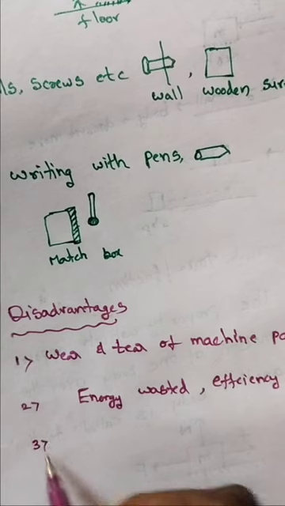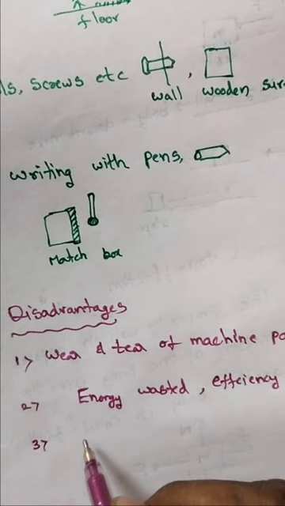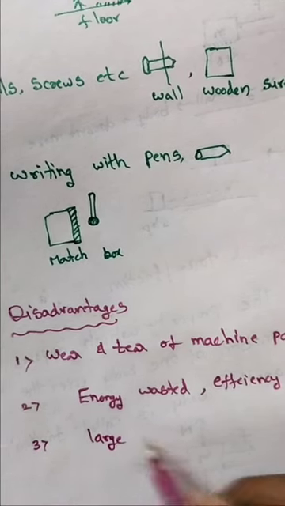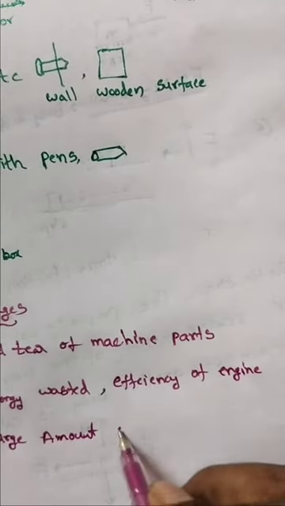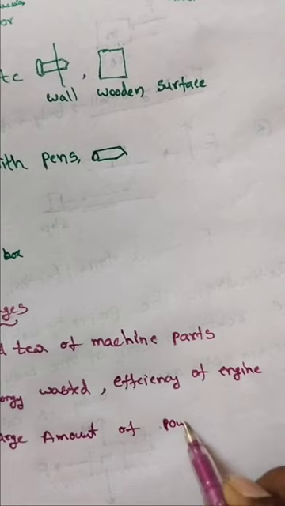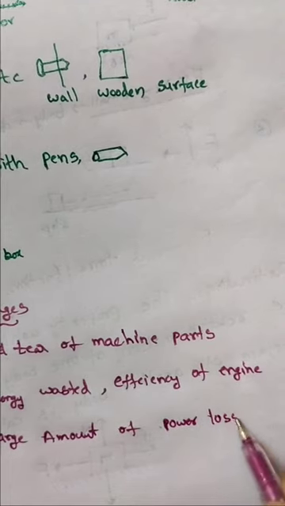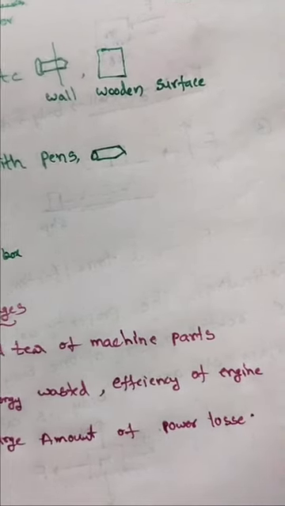And the third one: friction results in a large amount of power loss. So these are the disadvantages of friction.